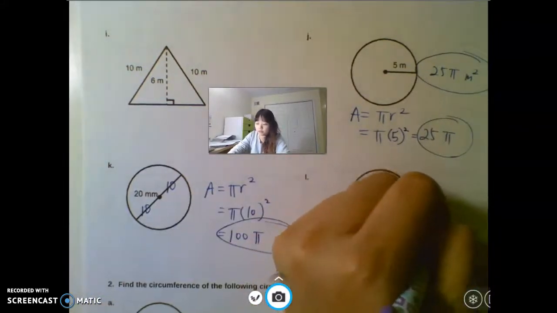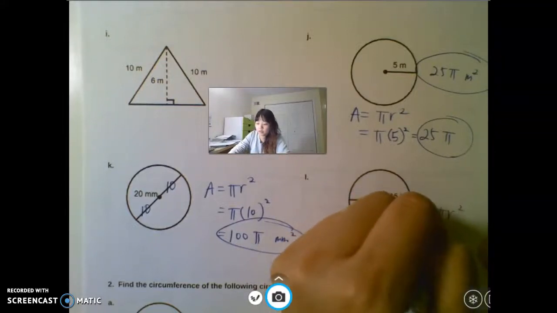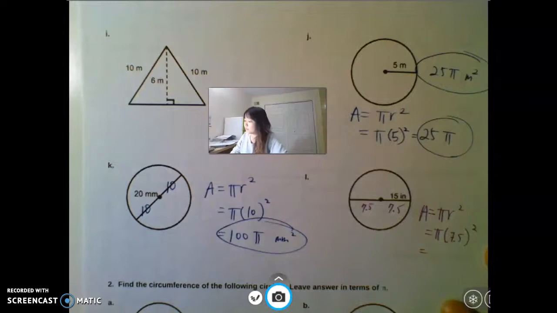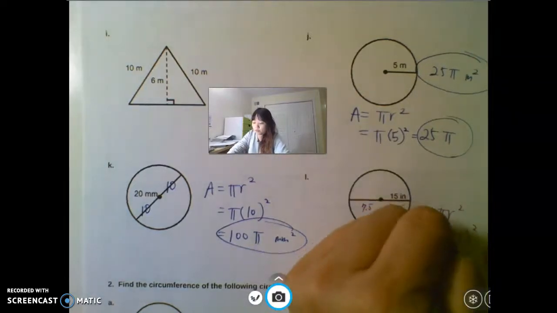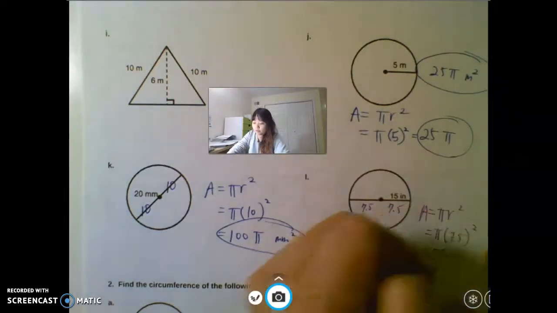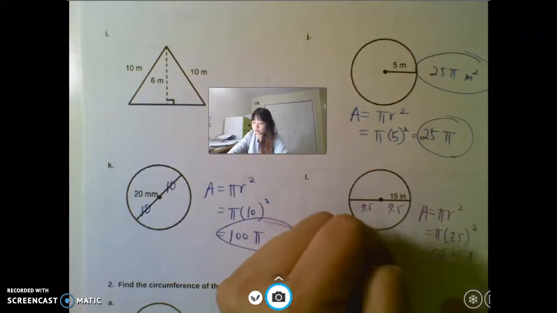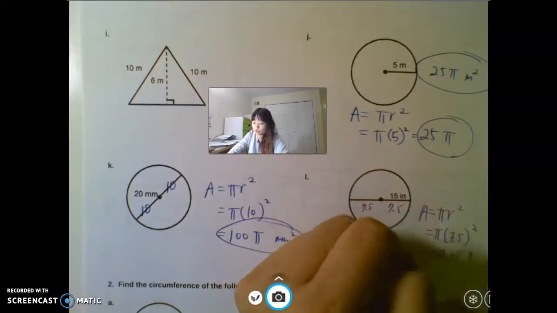So area is pi r squared. Pi times 7.5 squared. 7.5 squared is 56.25. So it'll be 56.25 pi inches squared.